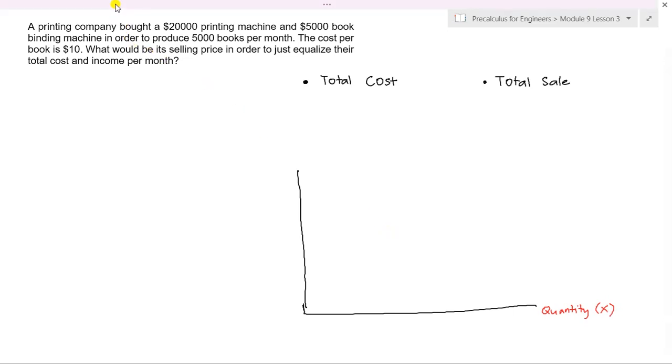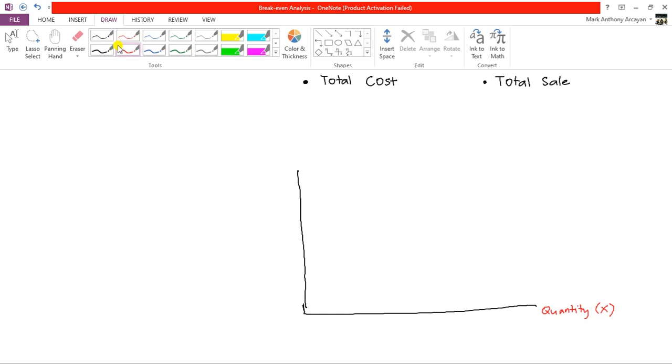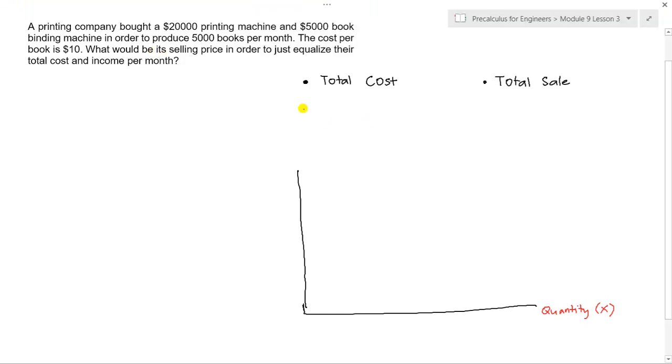Now for total cost, since we're dealing with money and this is business, we're going to abbreviate this one as TC.